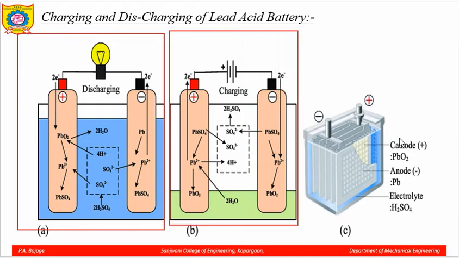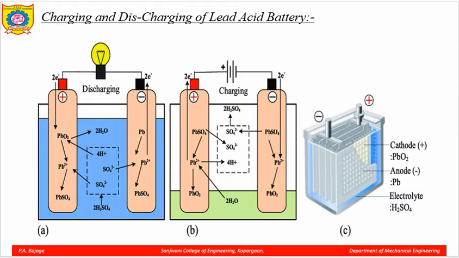Here you can see the cathode PbO2, anode Pb, and electrolyte H2SO4. In this diagram you can clearly see the discharging, how H2SO4 and lead react, and in the charging phase this process reverses.